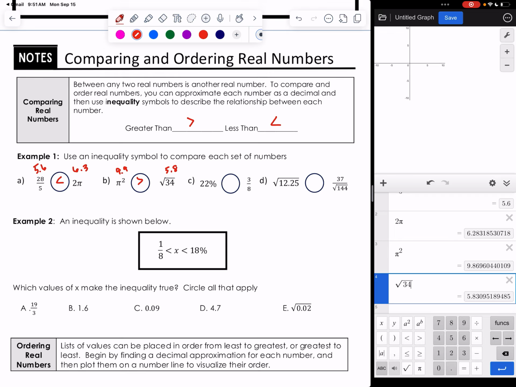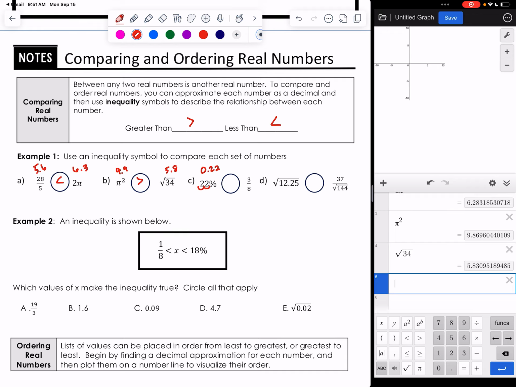Now, 22%. If you remember from previous grades, the way you get a decimal equivalent of the percentage is just to move the decimal place back to the left 2 units. So this decimal approximation would be 0.22.